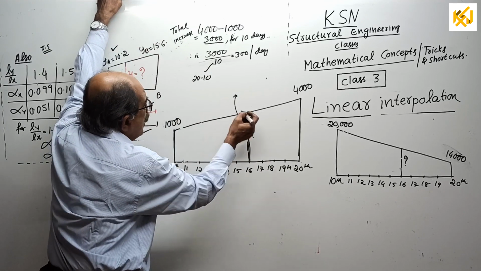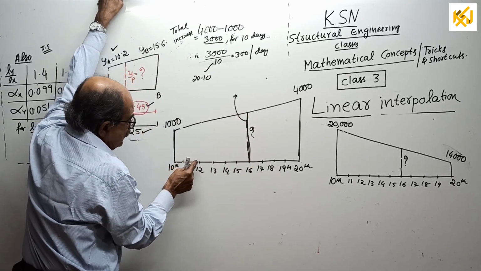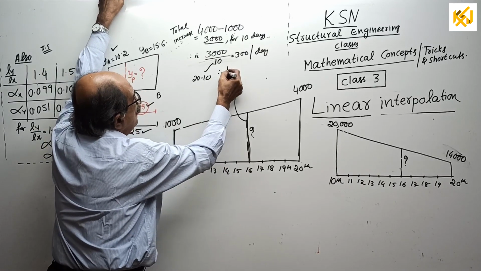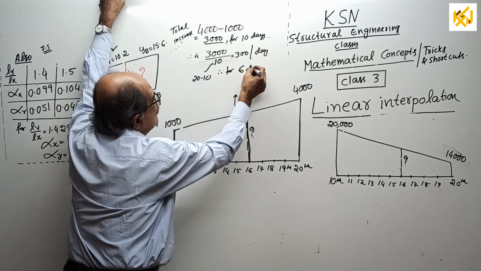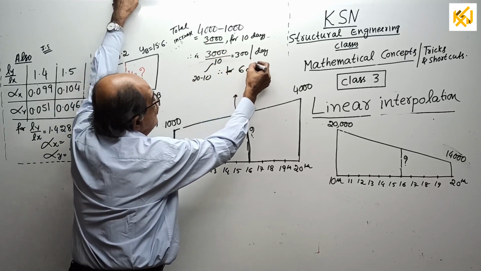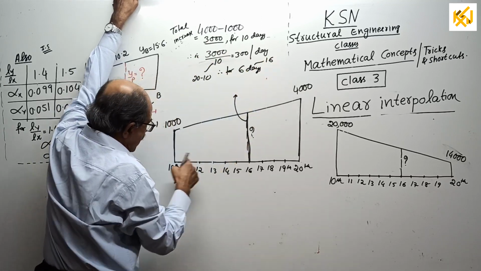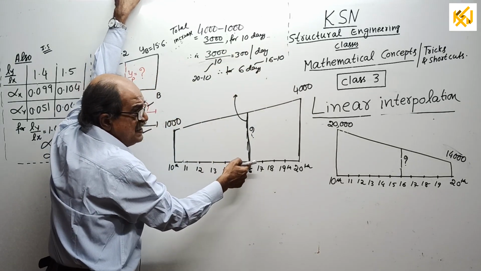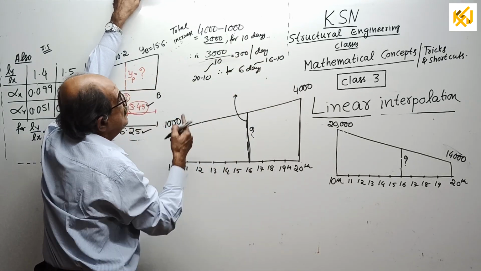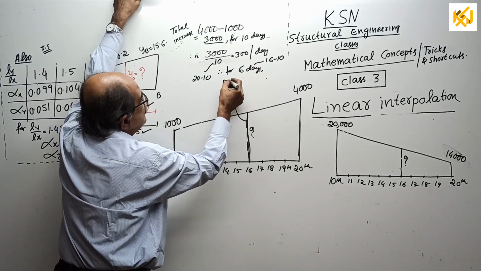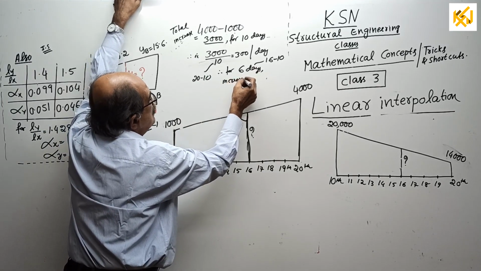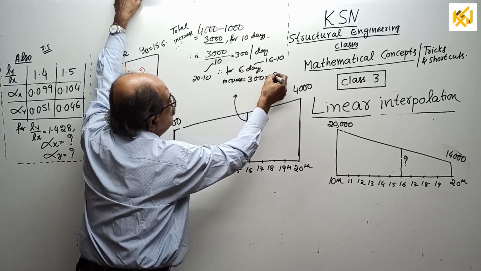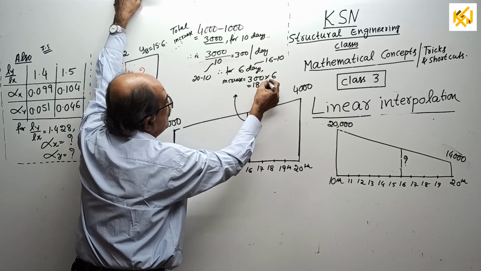Now I want this value, 16th day. See how it is 6 days: 16th minus 10th. I want the answer for the 16th, and this is the 10th. For 6 days, the increase equals 300 per day into 6, which gives you 1,800.